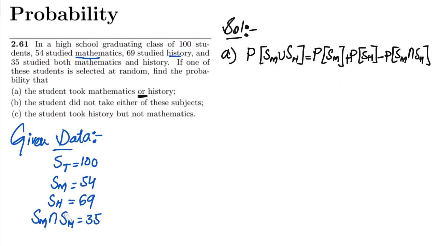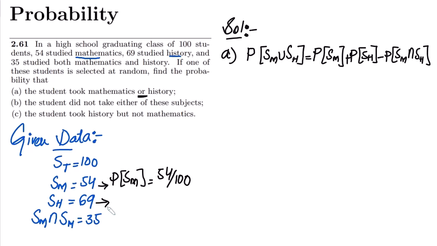I have the numbers mentioned here, but I don't know the probabilities which I have to find. So in order to find the probability of SM, I have to write the number of students who have taken mathematics divided by the total number of students. Both are present here, so it would be 54 divided by 100.